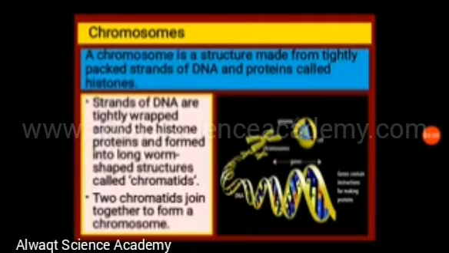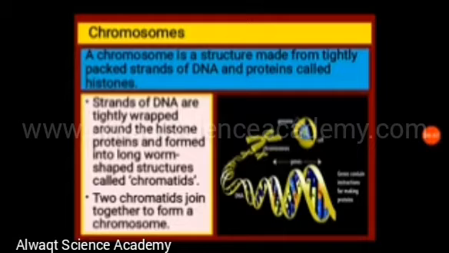Chromosomes. A chromosome is a structure made from tightly packed strands of DNA and proteins called histones. Chromosomes are known to hold information about an organism, but chromosomes themselves are made up of two components. They are made up of DNA molecules or DNA strands and a particular protein known as histones.